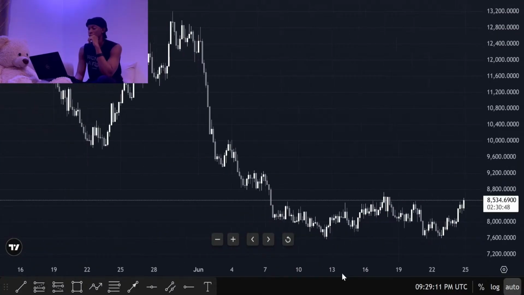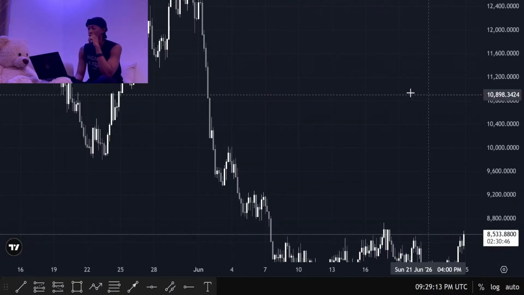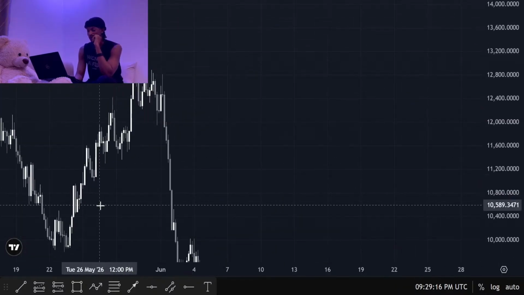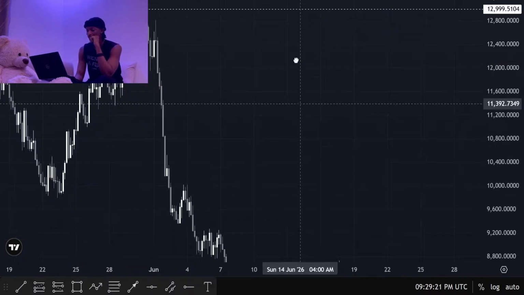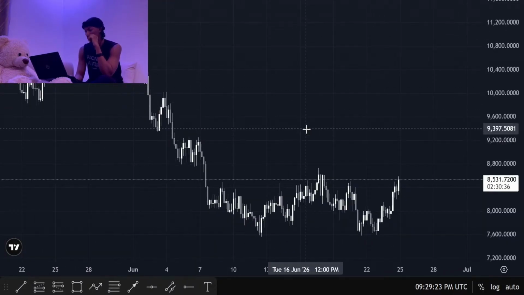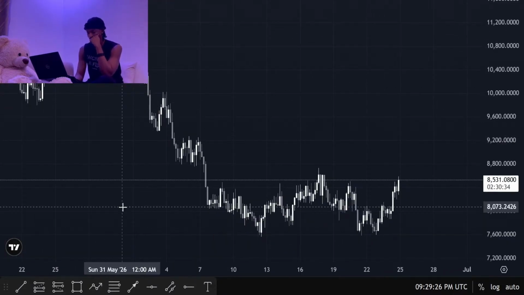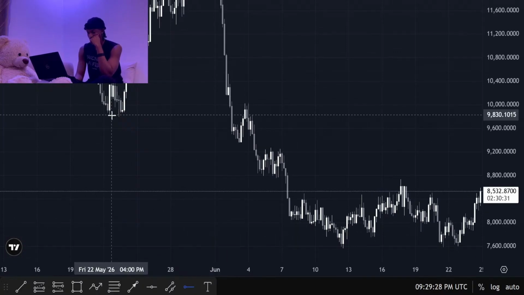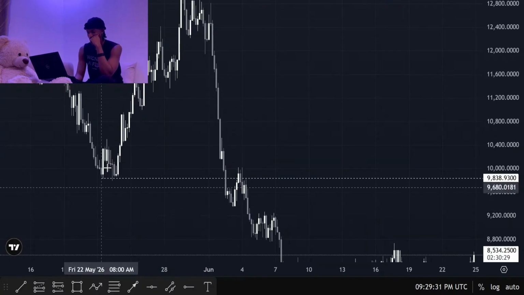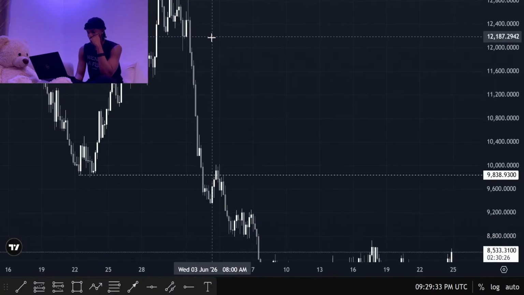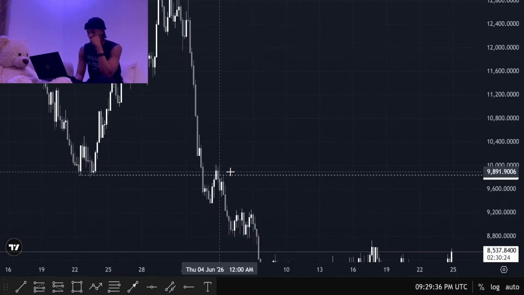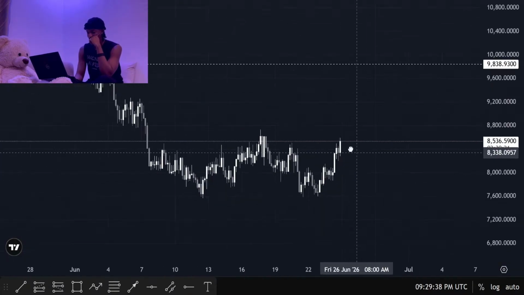So what's the key significant level? Well, I mean, this will be the most obvious one. But another obvious one could be here. Because if you look from here, it came here, and then after it broke past it, it came to it again and continued to move down.